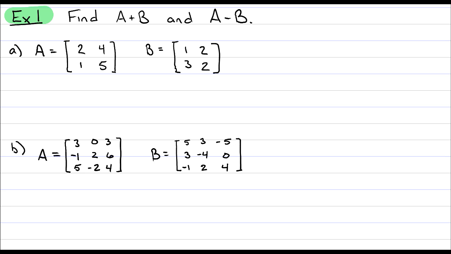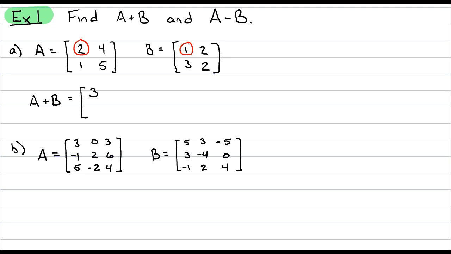So I'm going to start by, in part A, I'm given these two matrices, A and B, and I want to add them. So A plus B, as I was saying, is calculated by adding together the corresponding entries in A and B. So, for instance, to get the very first entry in the upper left-hand corner, I add the two entries in the upper left-hand corner of A and B. And that gives me 2 plus 1, which is 3.